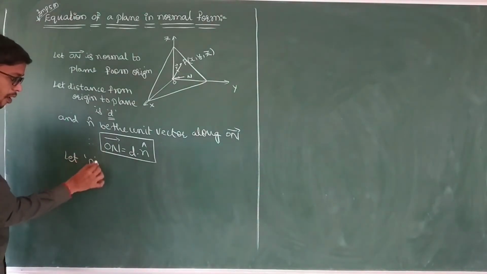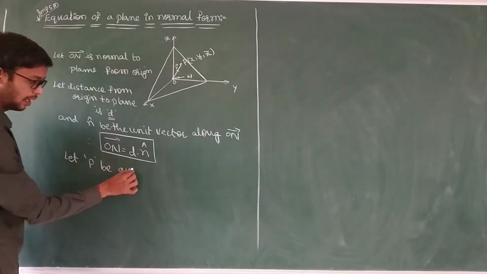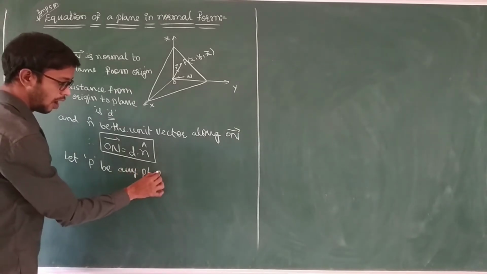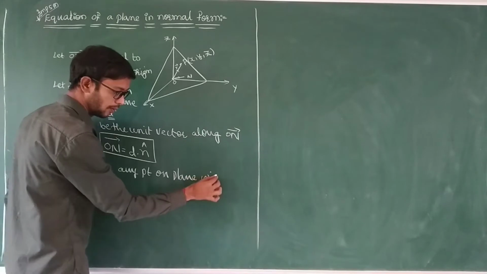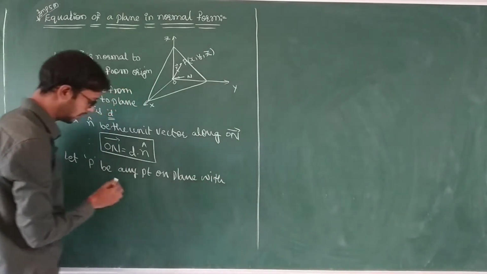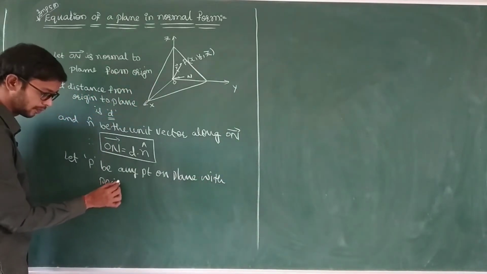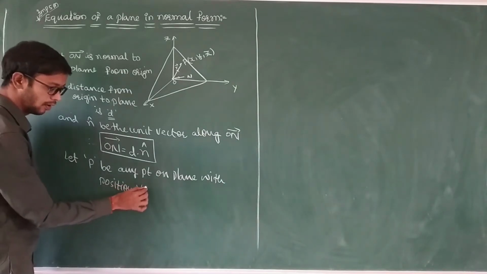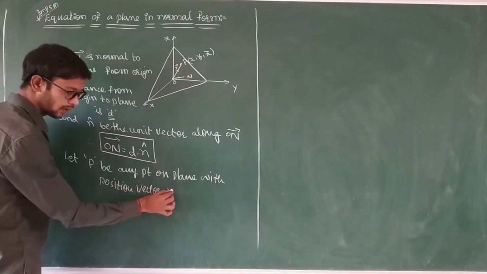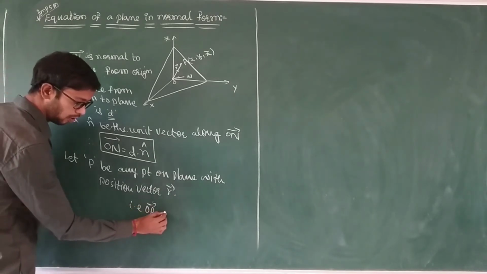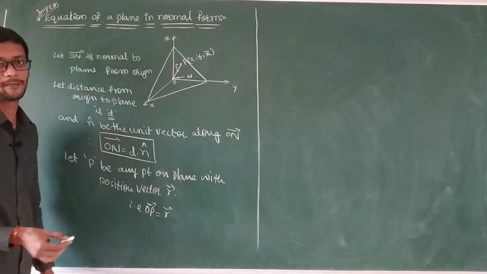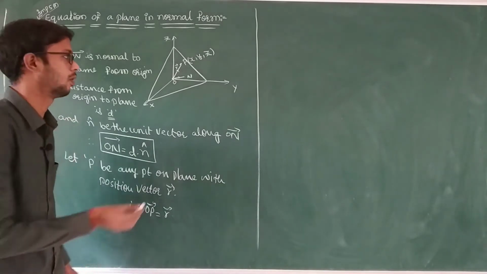Let P be any point on the plane with position vector r bar, that is, OP bar is equal to r bar.